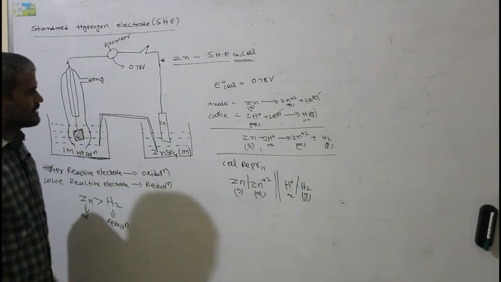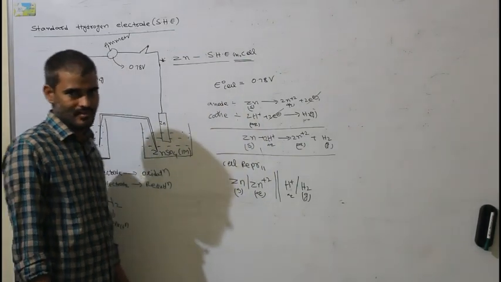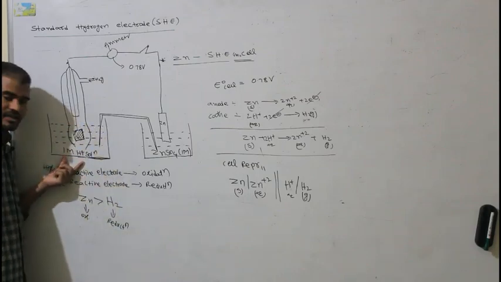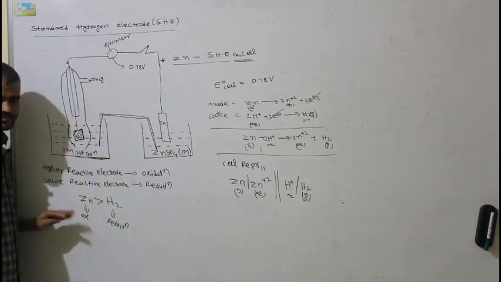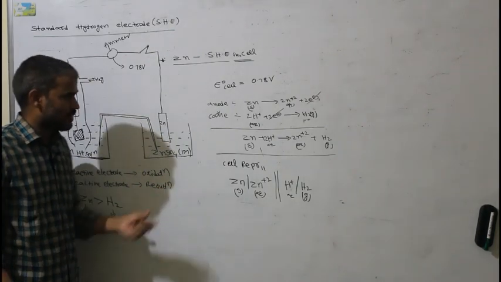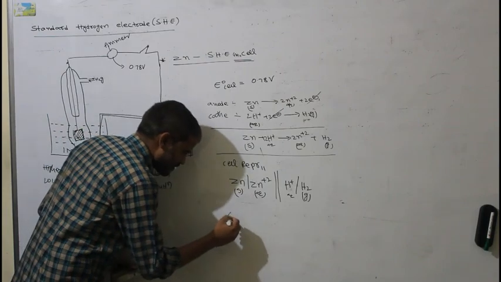Now what do we have to calculate? Sorry, the electrode potential we have to calculate. We know that the standard hydrogen electrode potential is 0, so there is no problem. What is the E naught cell formula?